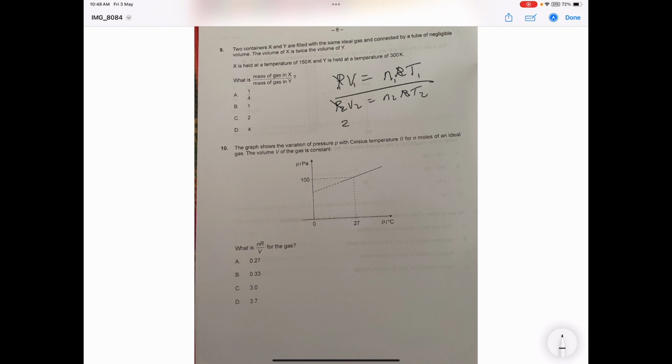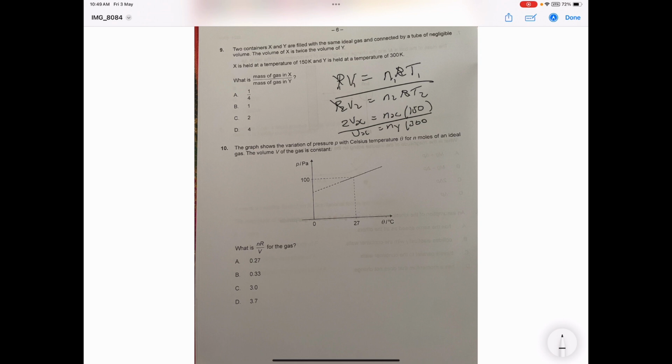So we can then say that 2 Vx is equal to Nx times Tx, so that's going to be 150, it's already in Kelvin, all over Vx is equal to Ny, all over 300.